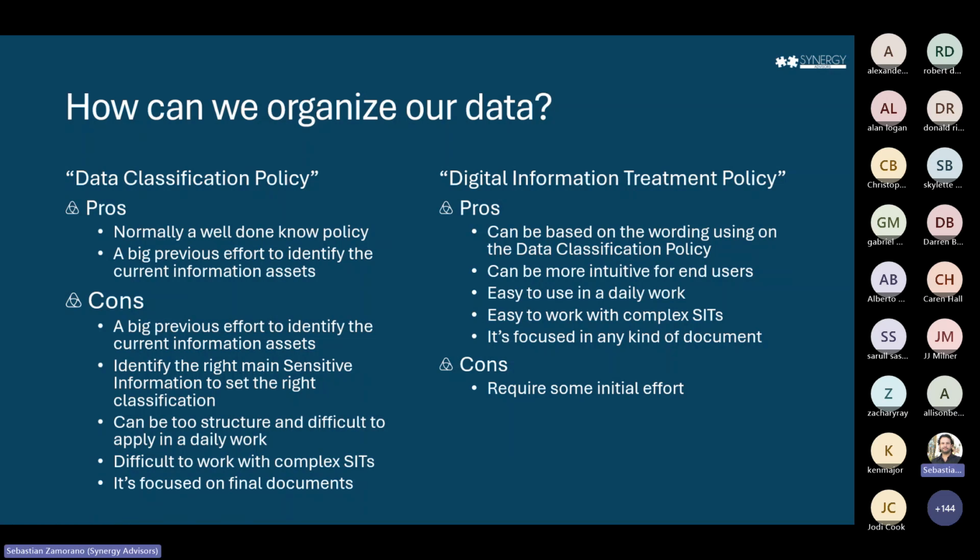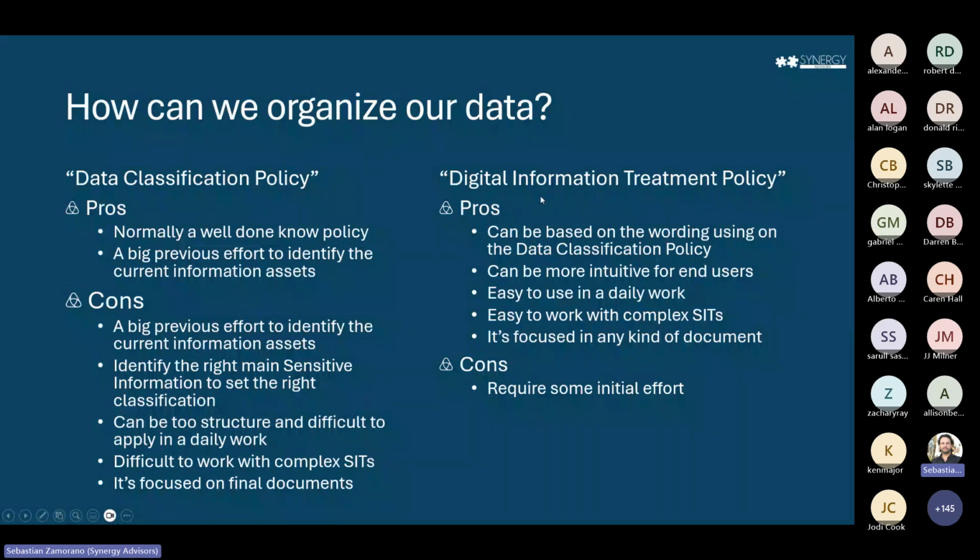Because I saw in a lot of customers that they have some labels like confidential to apply when some PCI information appears, or highly confidential when some PII information appears. But when we have a complex environment, we can find more than one sensitive information type in a file. And as I mentioned, it's focused on final documents.